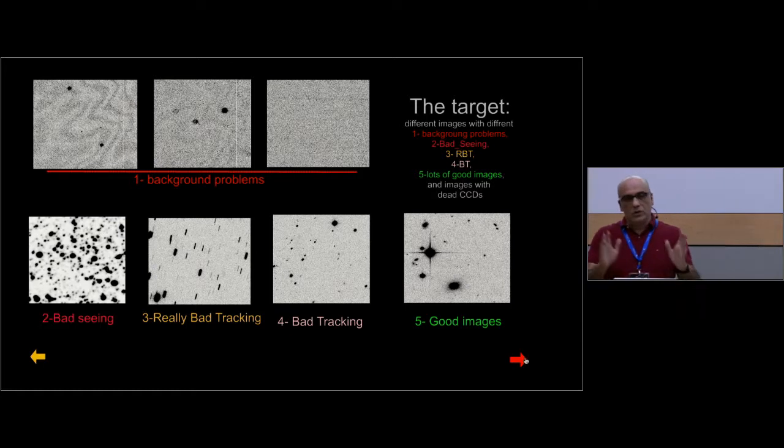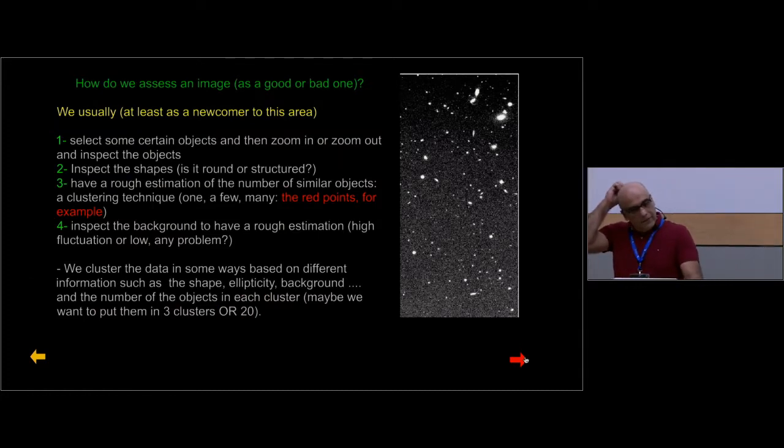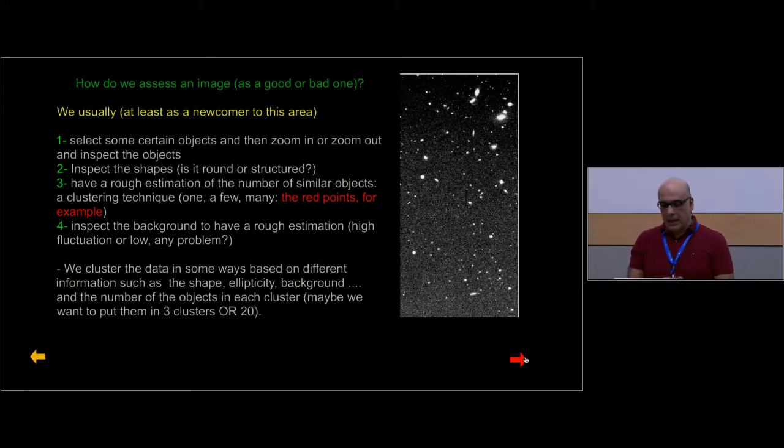Now I'm going to describe our input data. At least for a newcomer to this area, if I ask them to classify and label an image, they select some objects in a CCD and go into details and inspect the shape and a rough background estimation, and then say, okay, it's good or bad.